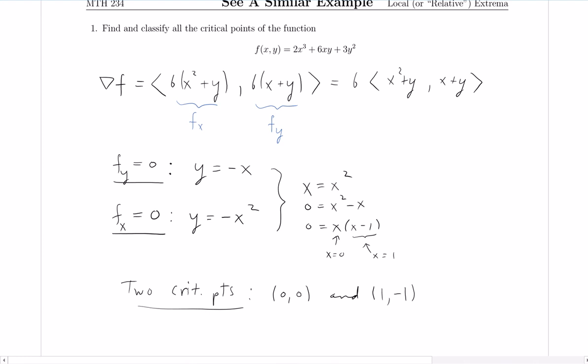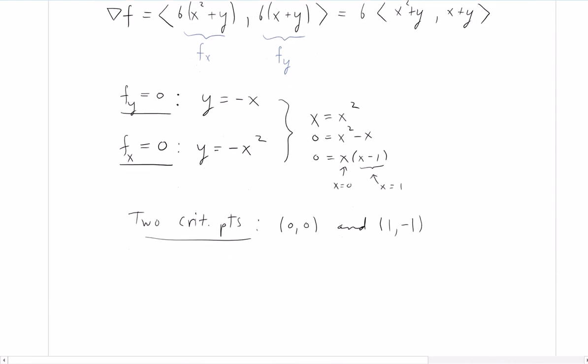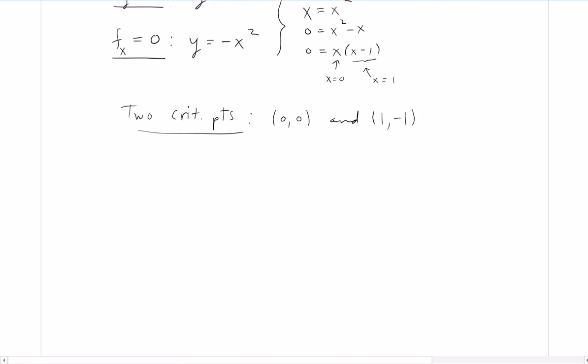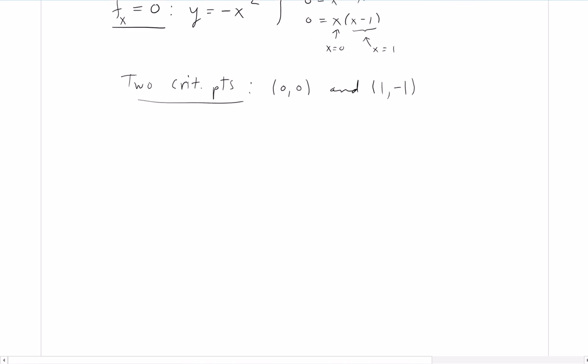Now we still have to classify them, meaning we have to tell what sort of critical point they are. Are they local minimums, local maximums, saddle points? Possibly neither. So we have to remember the second derivative test.